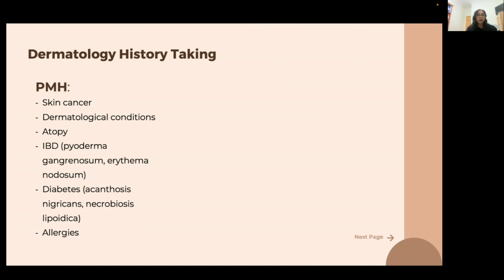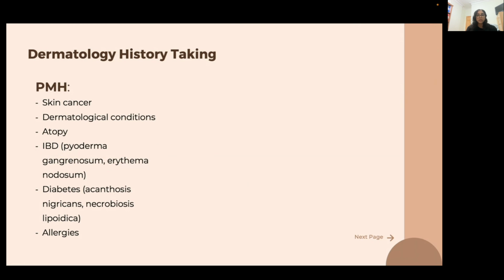We can ask about IBD, so inflammatory bowel disease. This is important because we might be able to notice conditions like pyoderma gangrenosum or erythema nodosum. So it's important to know whether they've got a background of IBD or any other gastro conditions. Again, diabetes.